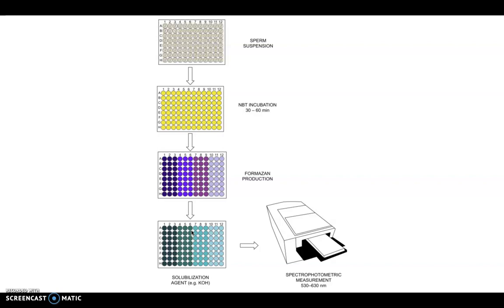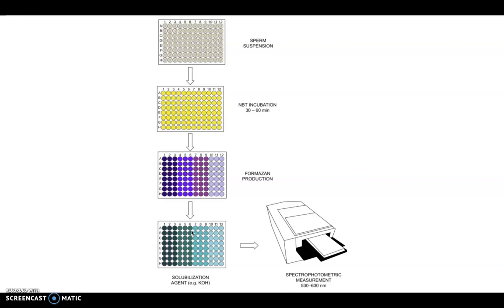But in MTS assays, the formazan that's produced is soluble in the cell media, so this step is not required for MTS assays, which is another reason you'll hear MTS assays called one-step assays, because pretty much you load the cells, you put the chemical in, and then the rest does it for you.